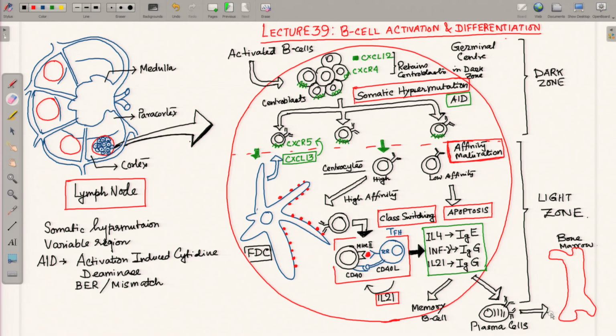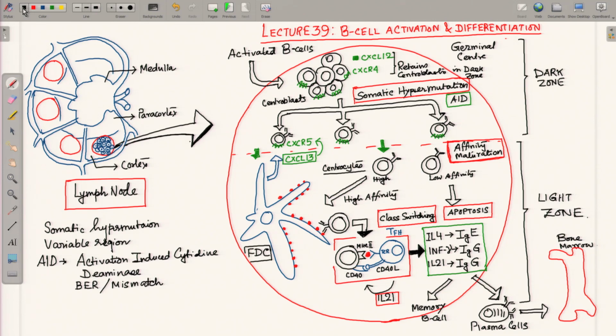So, if you look at this whole picture, at least in this part, we have a few distinct steps occurring in the whole process of activation and differentiation. After the B cells are activated, they will enter into the germinal center, into the dark zone.